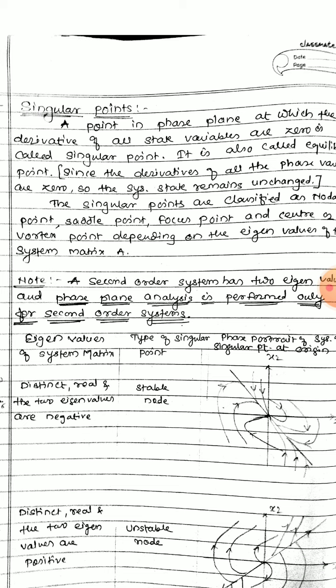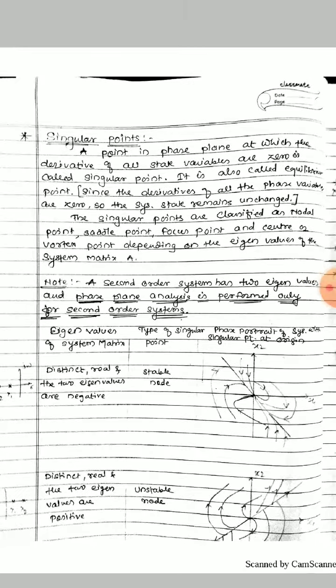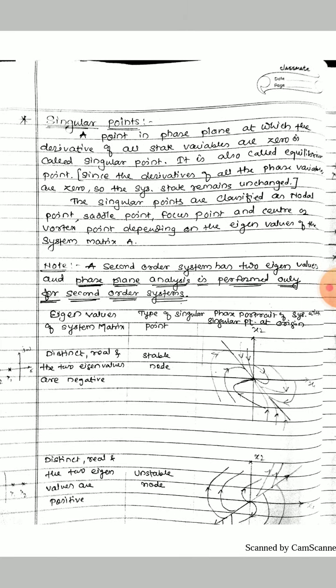So these are also called as the eigenvalues. So remember that a second order system has two eigenvalues and phase plane analysis is represented only for second order system.